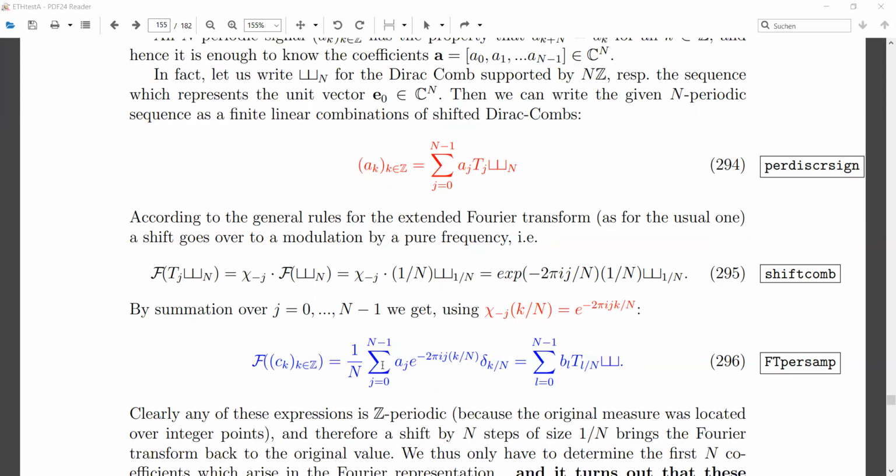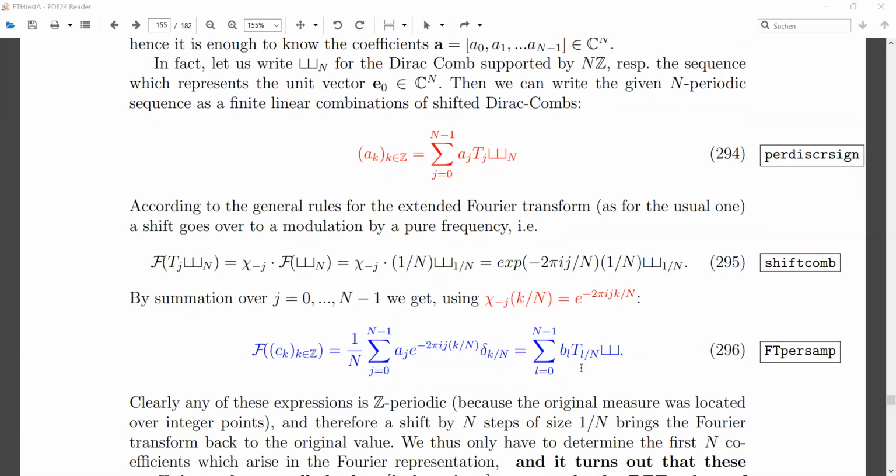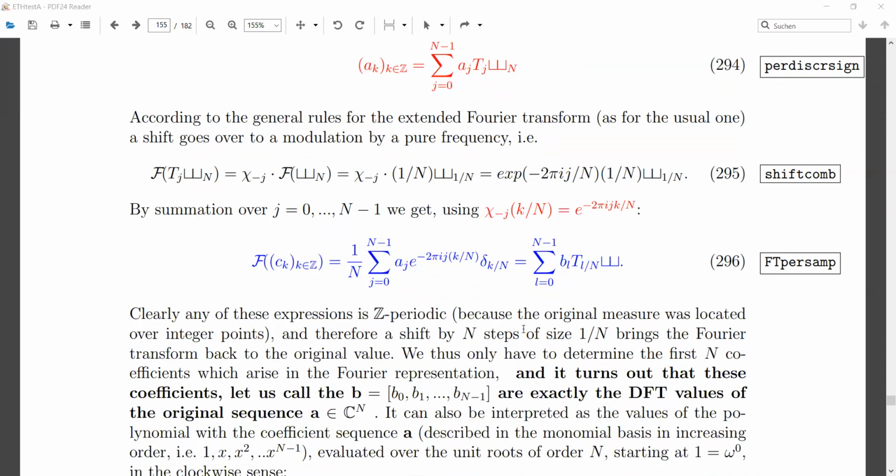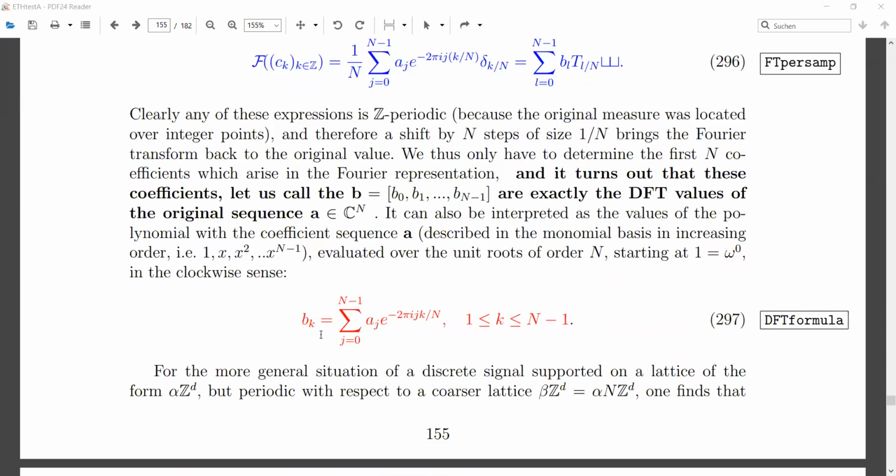And now you're looking at this Dirac comb, and you see that this is again a collection of shifted elements of a given Dirac comb. And now this Dirac comb needs n repetitions. Now the question is, what are the coefficients? And the coefficients are exactly the ones that you can get by this formula.